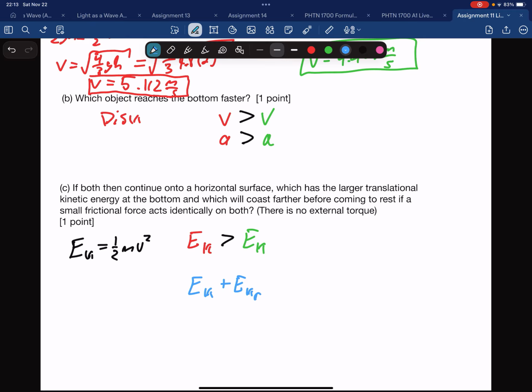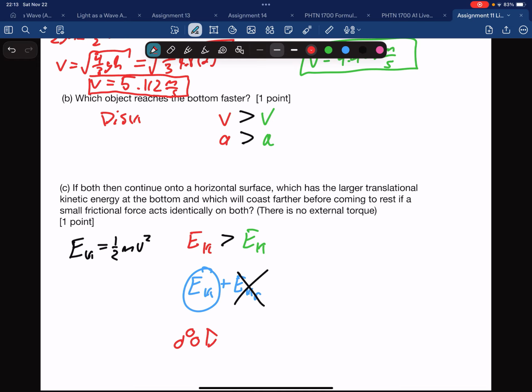That is not going to determine how far it goes. We only have friction, which acts linearly on both the disk and the hoop. So the only thing we really care about here is the linear, or translational, kinetic energy. Therefore, the one with the larger translational kinetic energy will go farther.